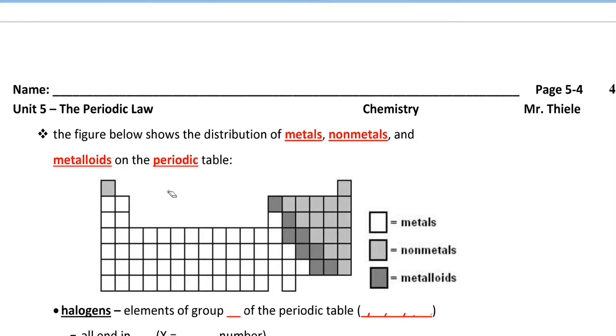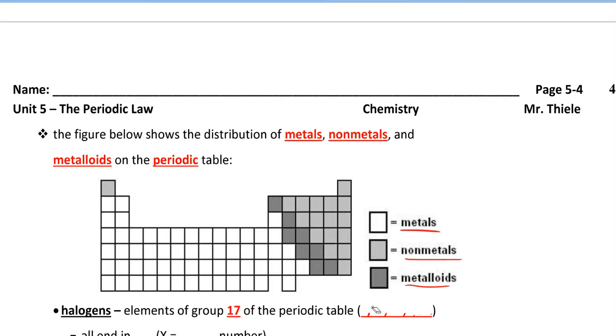Here's a periodic table where we don't have the symbols of the elements, but we have a little key that tells you that all the clear squares are metals, all the light gray squares are the nonmetals, and all the darker gray squares are the metalloids. Okay, so it's going to go through more vocabulary here.